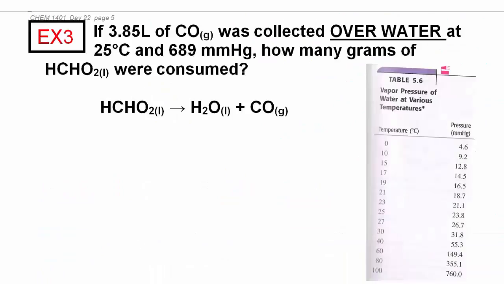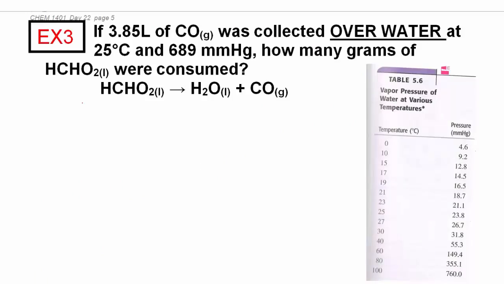Here's another collecting gas over water problem. See if you can solve this. If 3.85 liters of carbon monoxide was collected over water at 25 degrees Celsius and 689 millimeters of mercury, how many grams of this compound were consumed? Okay, so remember, we're going to get the moles of the gas, using PV equals nRT.